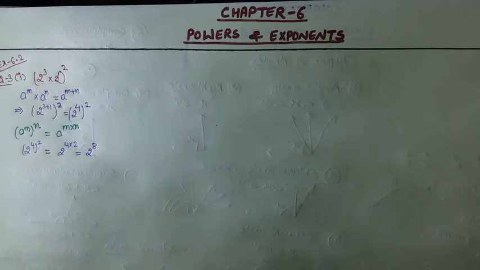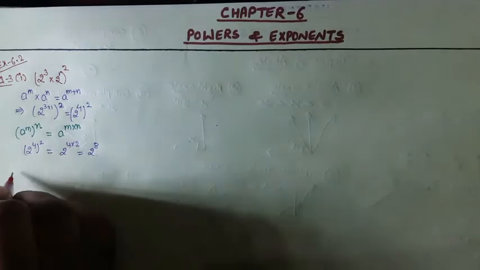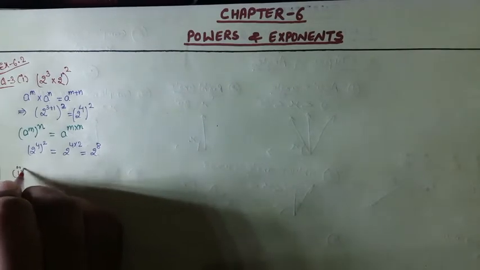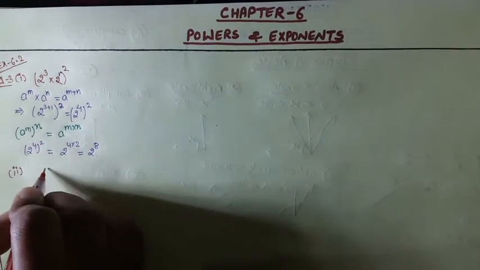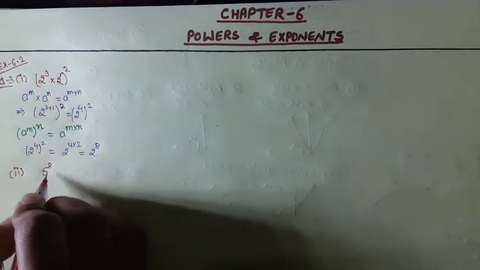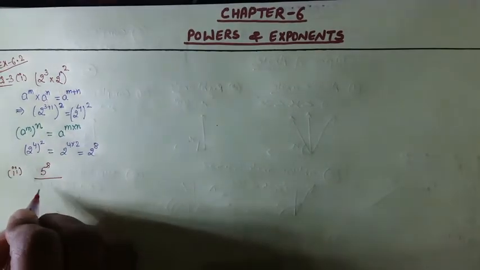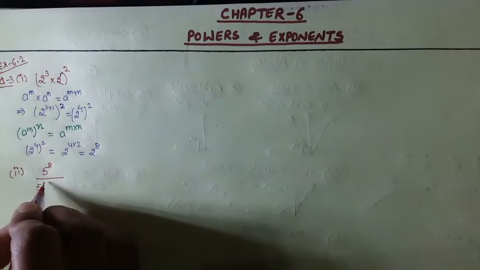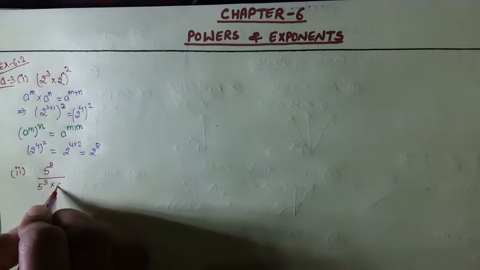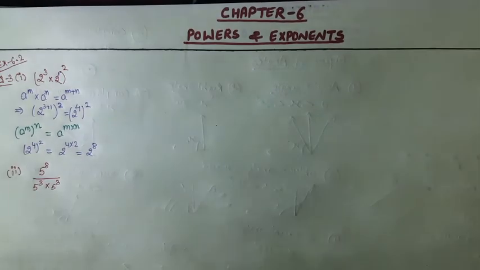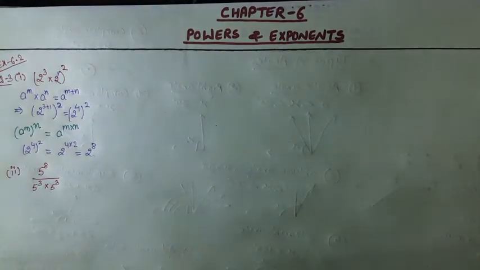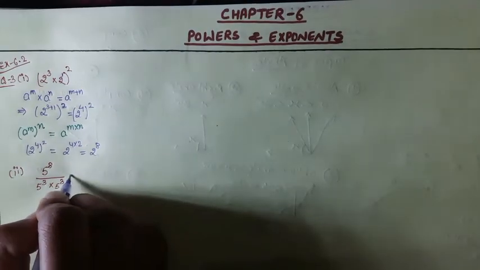This is the first bit of question number 3, and next she has asked the second bit of question number 3. In the second bit it is given as 5 to the power 8 divided by 5 to the power 3 into 5 to the power 3. As in the denominator we have two exponential forms, first of all we are going to simplify the denominator.